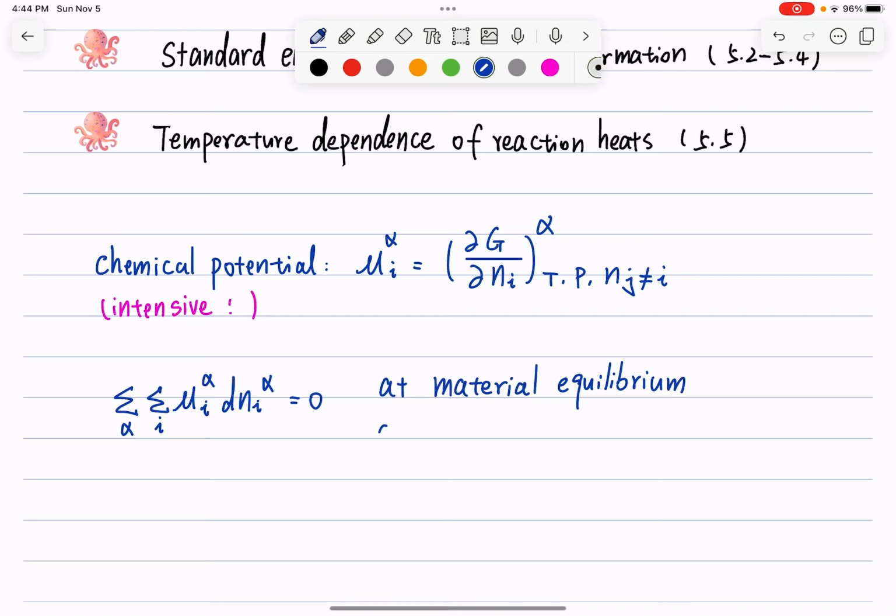We also have other properties that need to hold true. For example, closed system, PV work only, and also constant temperature and pressure.